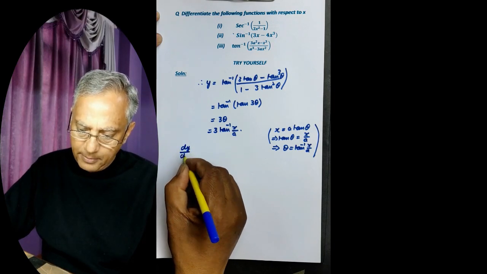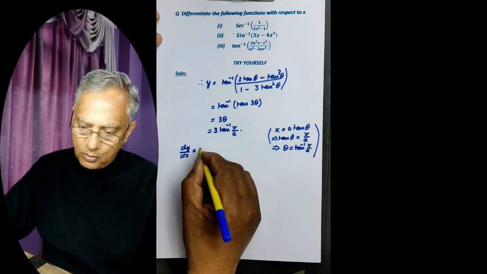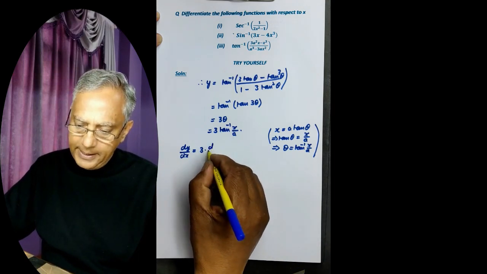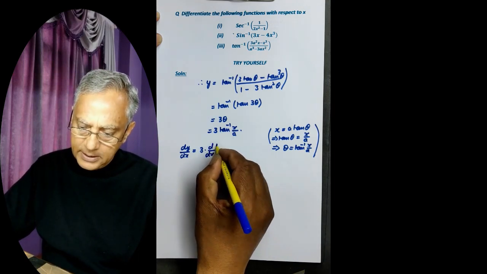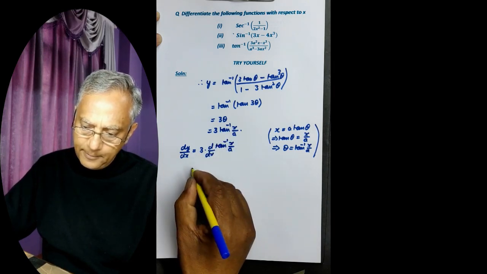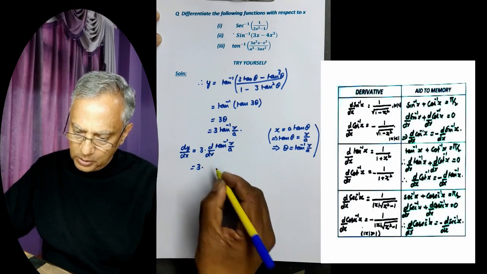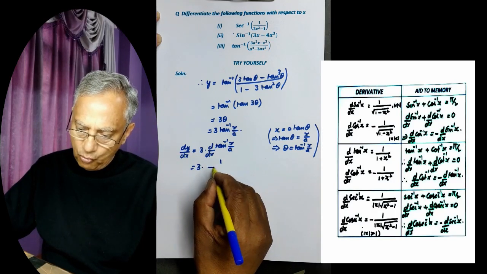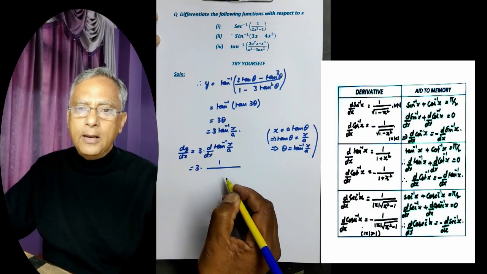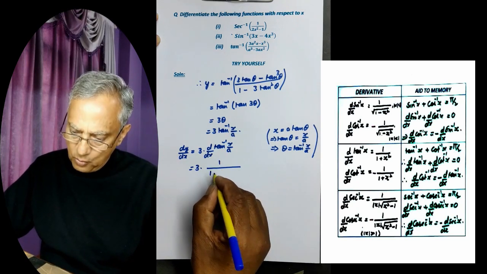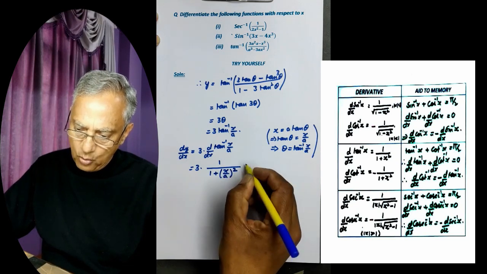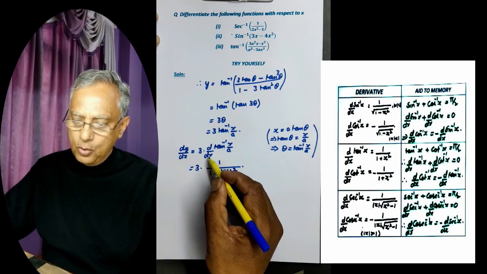What we get is dy by dx is equal to 3 into d by dx of tan inverse x by a. This is equal to 3 into 1 upon, the differential of tan inverse x is 1 over 1 plus x square, so 1 plus x by a whole square, into.